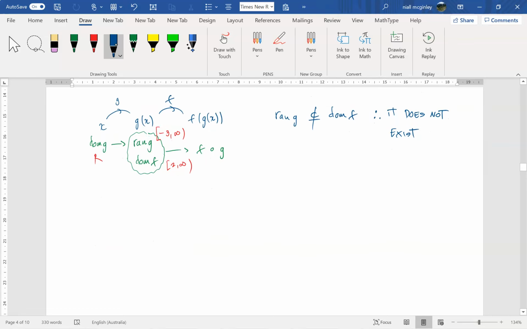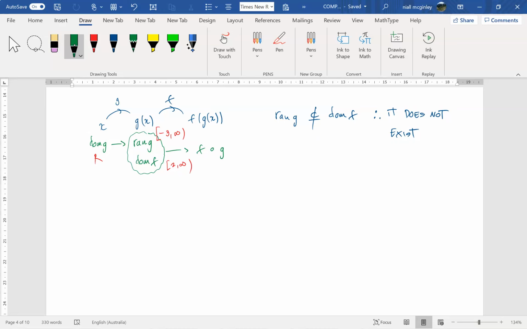To make it exist, we need to stop getting these values like -3, -2, -1, 0, 1, for example, some of the values that are stopping it working. This second part only works for values between 2 and infinity.